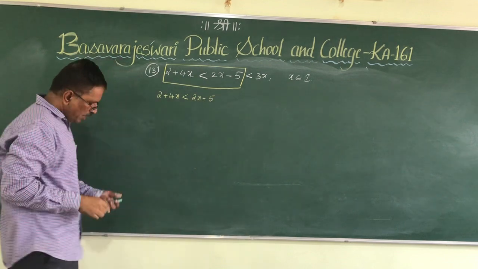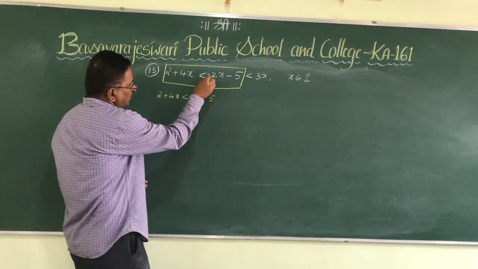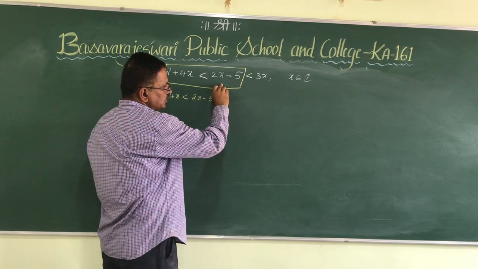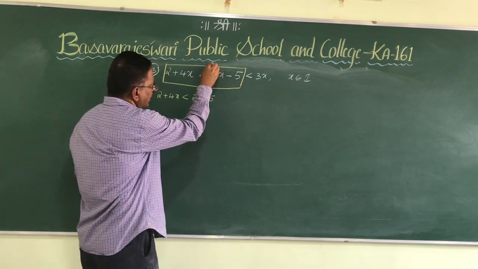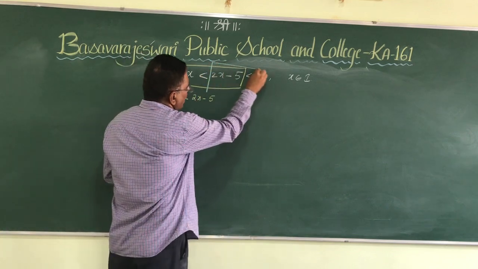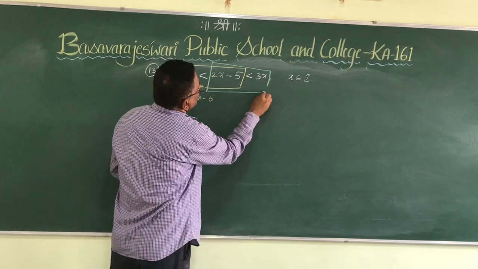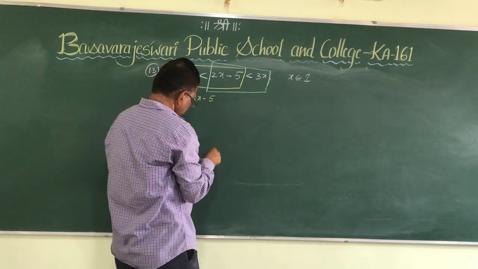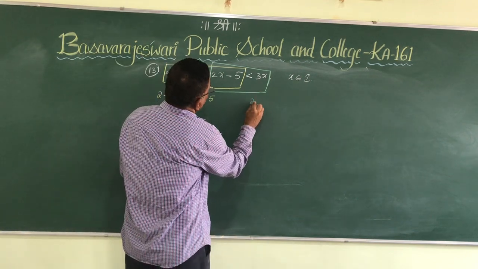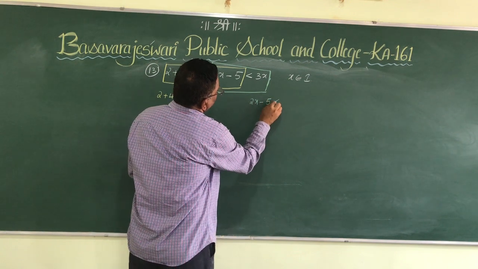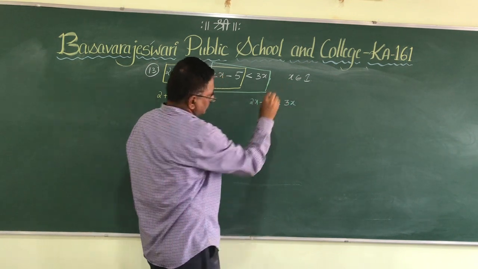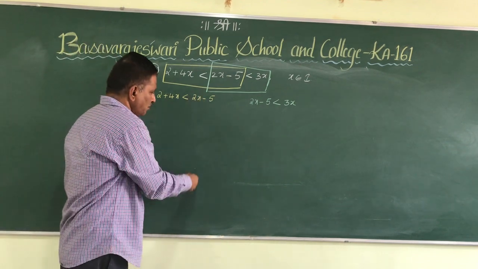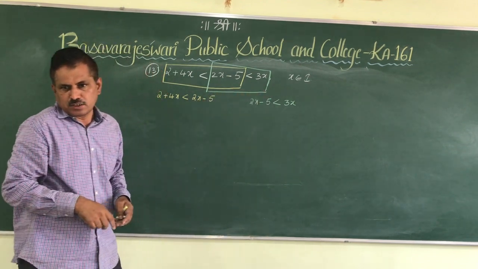If you look into the other part, here also the lesser than symbol is given. You have to take the expression on the left hand side as well as on the right hand side. So this is the other part. The second part is 2x minus 5 is less than 3x. So as usual, you solve this part separately and that one separately.